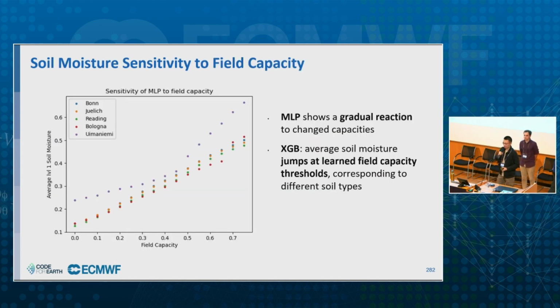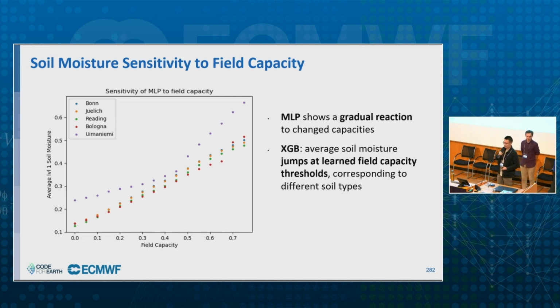Next, we also did some analysis to test the physical consistency of our machine learning emulator. Here we show an example of the sensitivity of the soil moisture to the field capacity. In this figure, we show the sensitivity of the soil moisture to field capacity calculated by the MLP model, and these points represent the relationship at different selected locations in Europe.